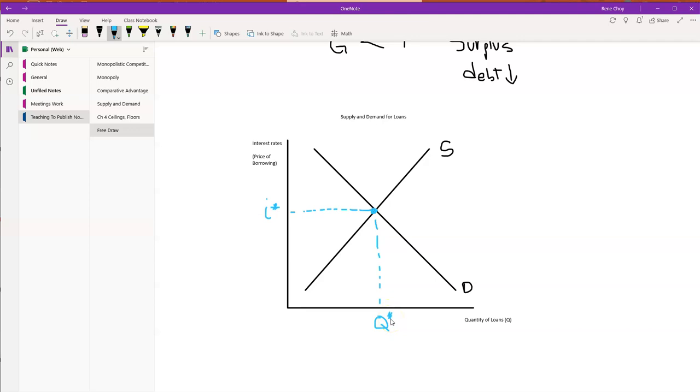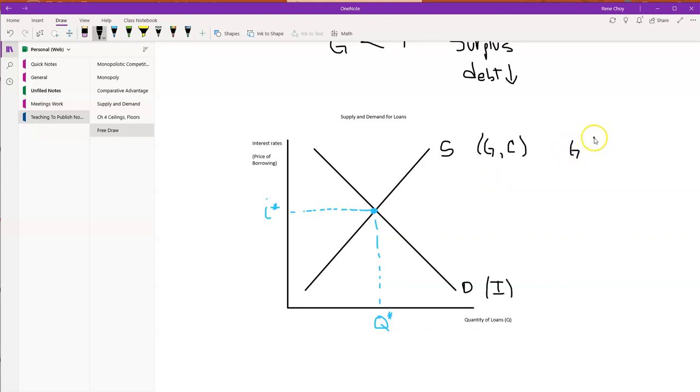All right. Now, I don't want to get too complicated on this particular chapter, but basically, private savings and public savings is on the S side. So we have either the government or the consumer that decides to save money. And then on this side, we have the investors that usually are the ones that demand that money for their investments. Now, what would happen, for example, if the government decides to borrow more money?